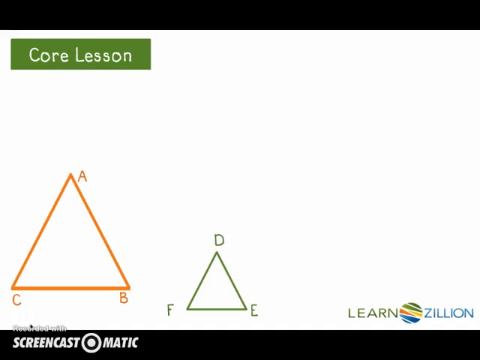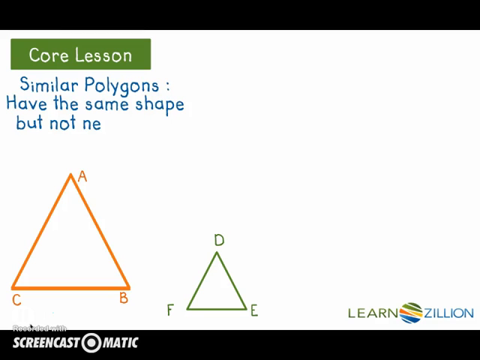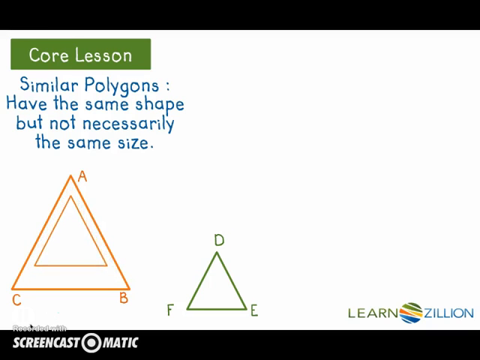Let's begin today by talking about similar polygons. Similar polygons have the same shape but not necessarily the same size. In this diagram, triangle ABC and triangle DEF seem to have the same shape but not the same size. We can check that by starting with triangle ABC and doing a dilation, or a reduction, to make it smaller.